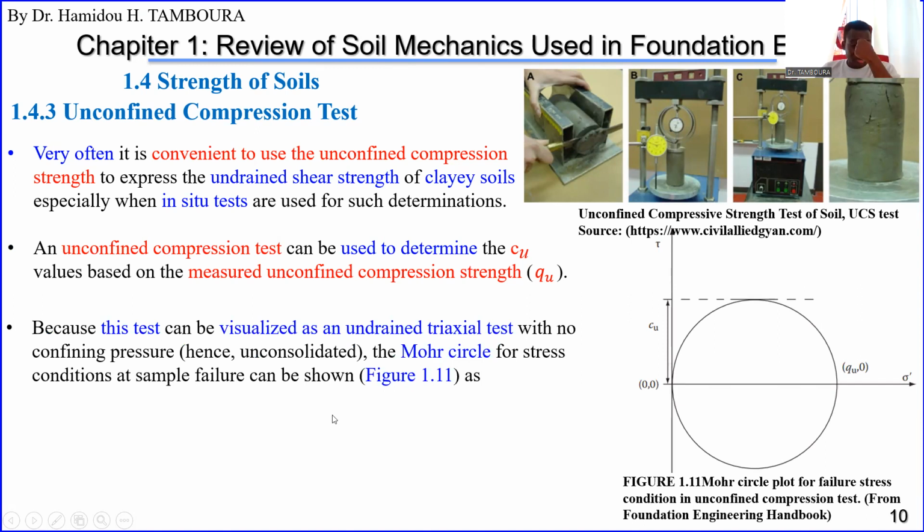Because this test can be visualized as an undrained triaxial test with no confining pressure, the Mohr circle for this test is the same as for the UU test. You have 0 here and QU here.